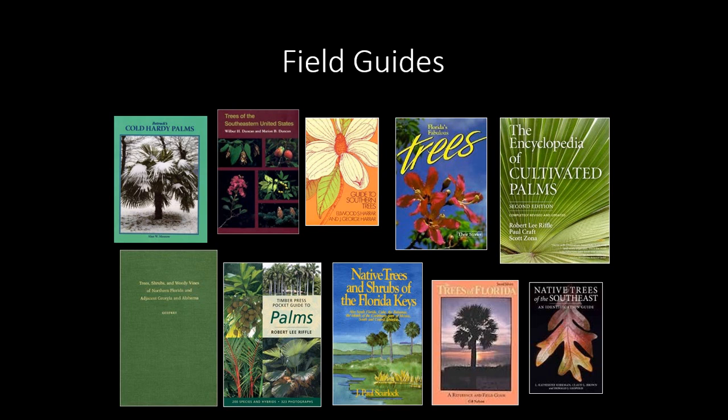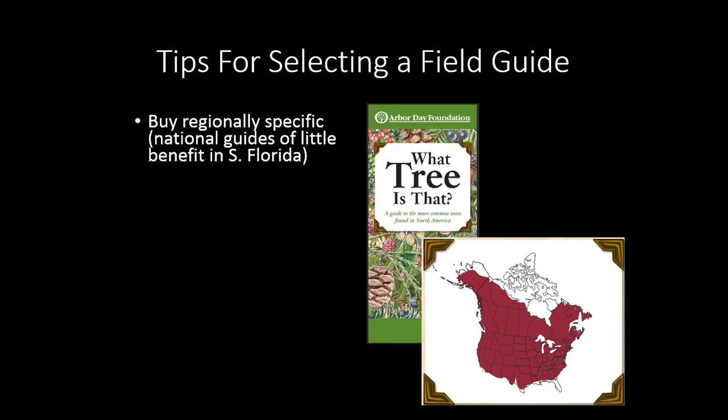The most common dwelling tree in the Tampa Bay area is Brazilian pepper, and if you had a native-only book, you wouldn't even know that's what it is, even just to know what it is to remove it. So I tend to stay away from native-only books because while they're interesting, there's so many things introduced to the state that they're not very helpful.